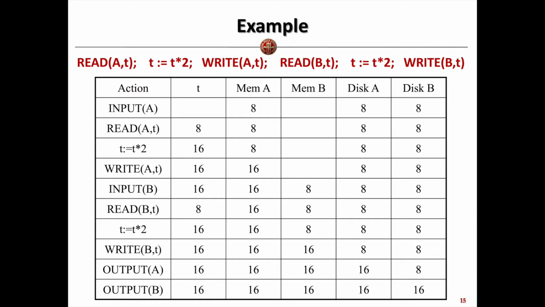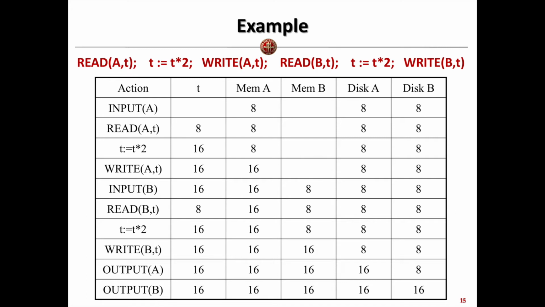They cover the value for both the local temporary variable T, as well as the memory buffer for A and B, as well as the disk values for A and B. Together they define the internal state of the transaction. So you can see, right, the rows denote the actions, the columns denote the internal state of the transaction. As we do some actions, the internal state will change, right?